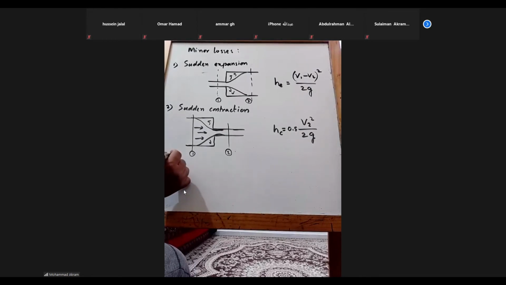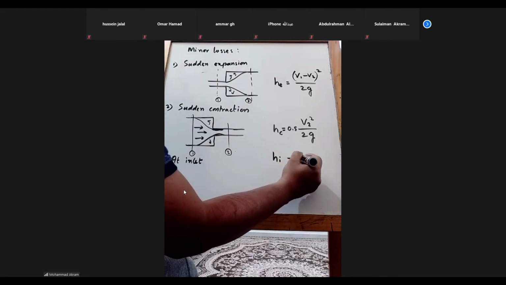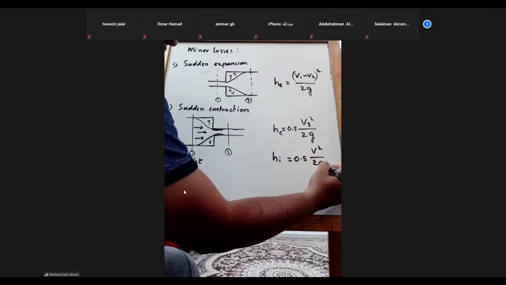Third, at the inlet, HI will be again 0.5 V square divided by 2G.